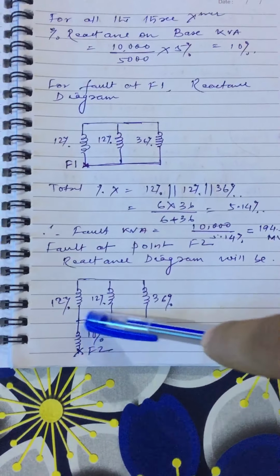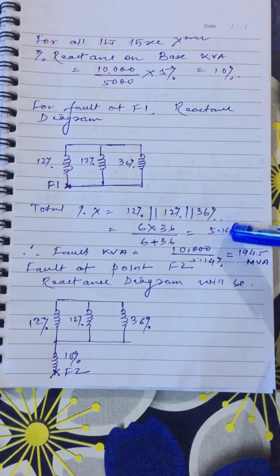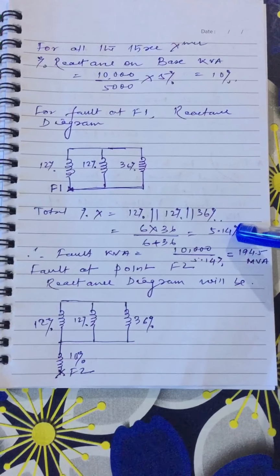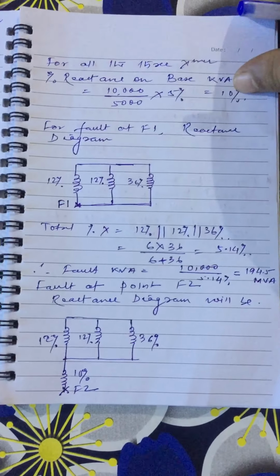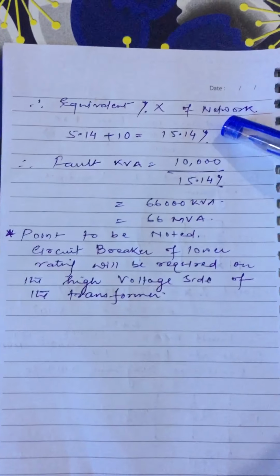Now since we have already found the equivalent percentage reactance of these three alternators, that is 5.14%, this will be in series with this 10%. So the equivalent percentage reactance will come as 15.14%.